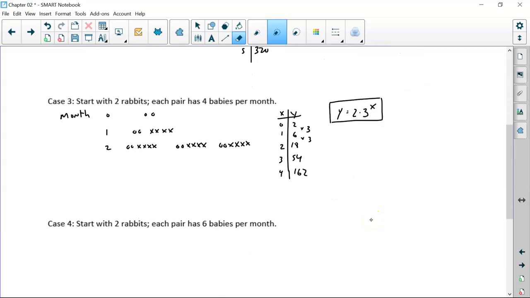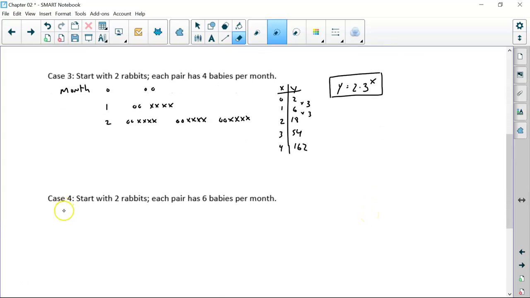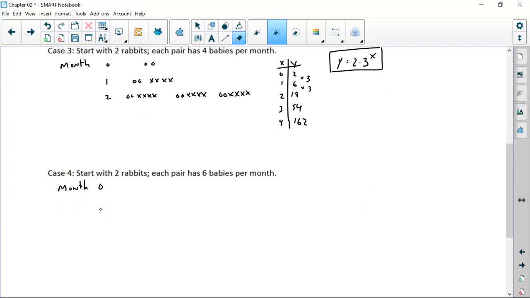In our last case, we start with 2 rabbits. So month 0, we got 2 rabbits. Month 1, we have 6 per month. 2 parents, 6 offspring. So in month 2, we have 4 sets.